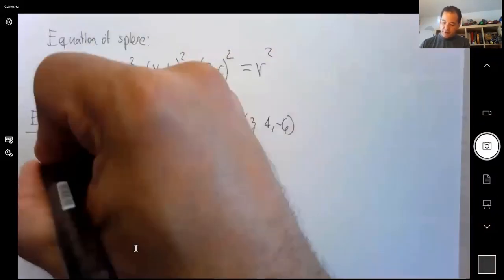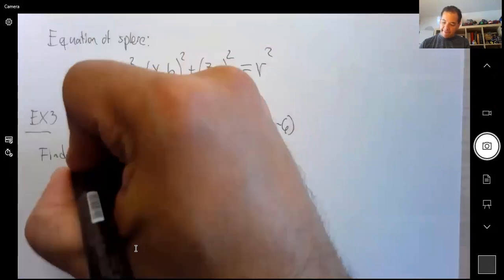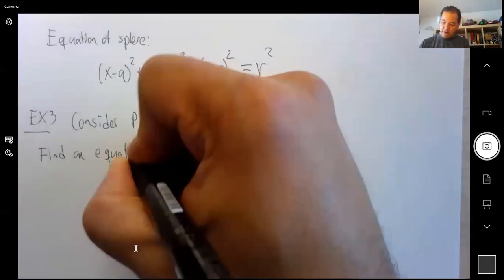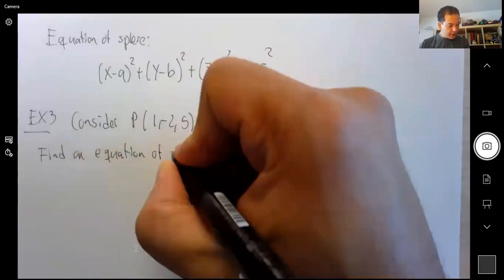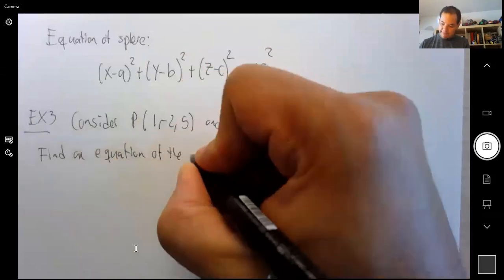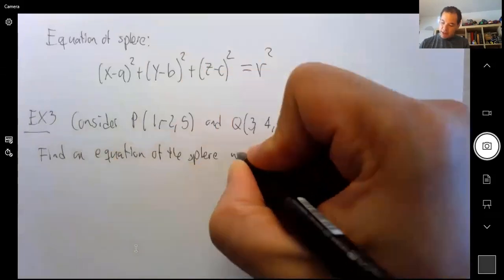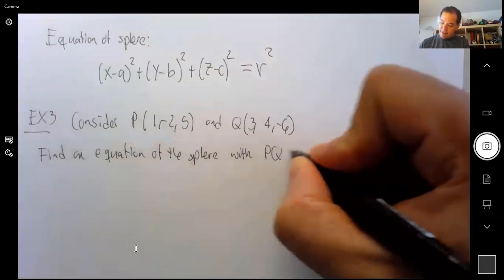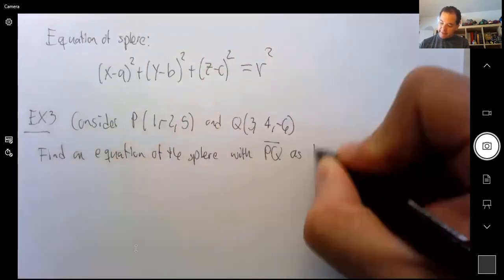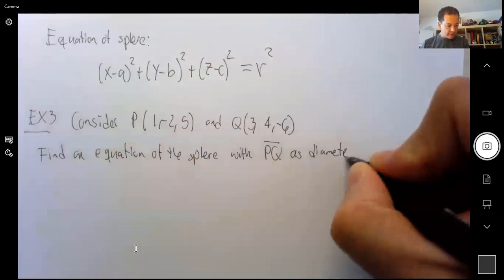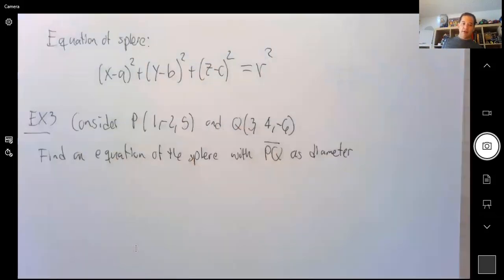Find an equation of the sphere with PQ as diameter. So PQ is the diameter, and now we have to find the equation of the sphere, right?